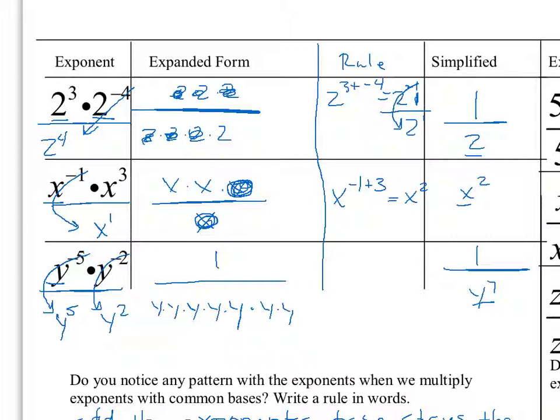If I wanted to do this next one using the rule, I have y to the negative 5 plus negative 2. That would give me y to the, like signs add, 7, take the sign of the larger number, negative 7, y to the negative 7. But wait, is y to the negative 7 the same thing as 1 over y to the 7?